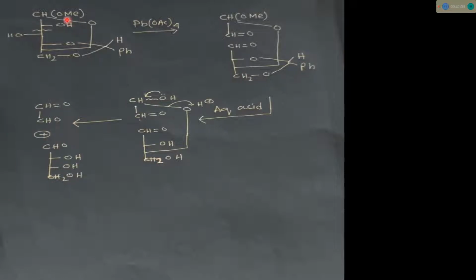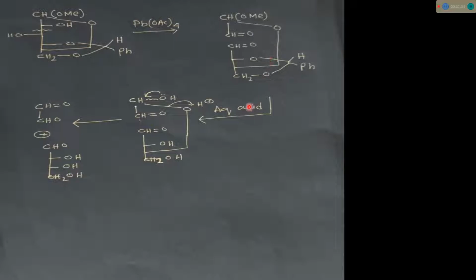See, this is the product after protection. See, these OAcs and these OAcs are on different sides, meaning trans. So 1,2-diol, so lead tetraacetate oxidative cleavage will happen, means this bond will break and here one aldehyde group will be there. So CHO will be there.